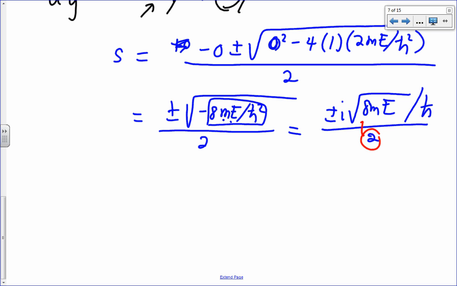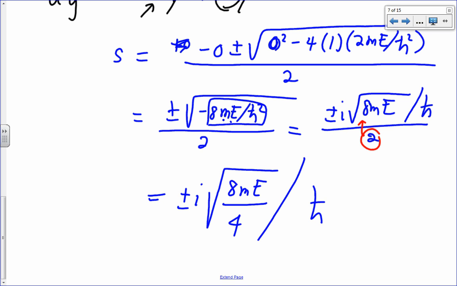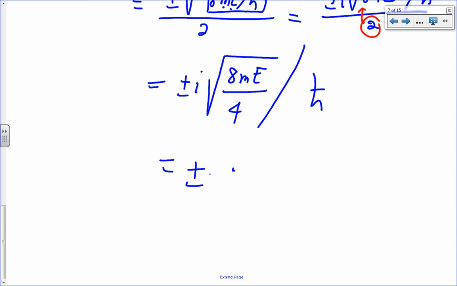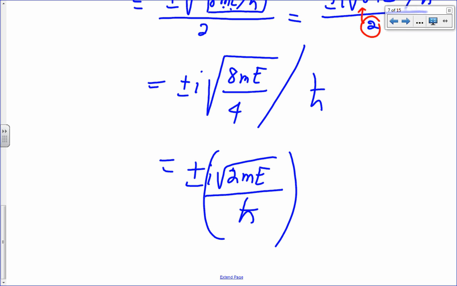So what happens if I move my 2 inside my square root sign? It becomes a 4, right? So plus or minus i square root of 8mE over 4 over h bar. So that's equal to plus or minus i square root of 2mE over h bar. So those are my 2 possible s values: positive i square root of 2mE over h bar and negative i times square root of 2mE over h bar.